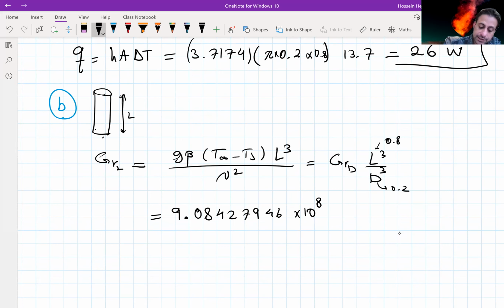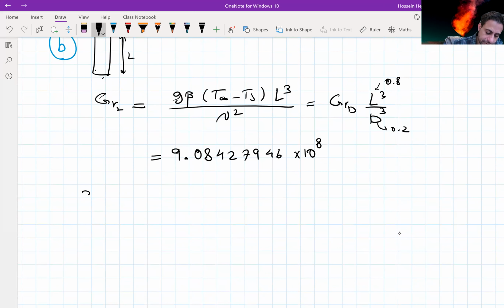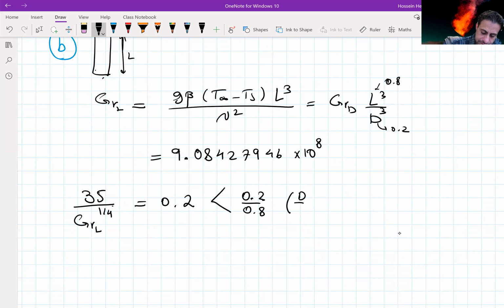I'm evaluating this Grashof number L because I want to see whether I can treat this cylinder as a flat plate. And there is a criterion for that. If we evaluate the value 35 over Grashof number L to the power of 1/4, here it's going to be smaller than 0.2 over 0.8. That's the ratio of D over L. What it means here, in fact, let me just write it in a different color.